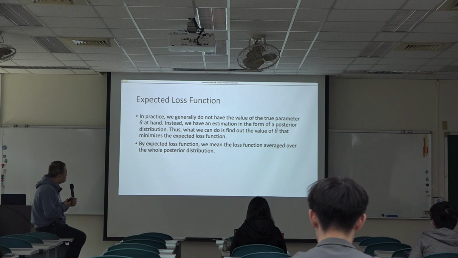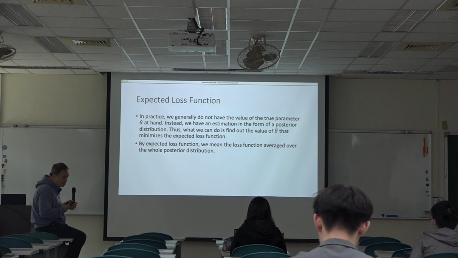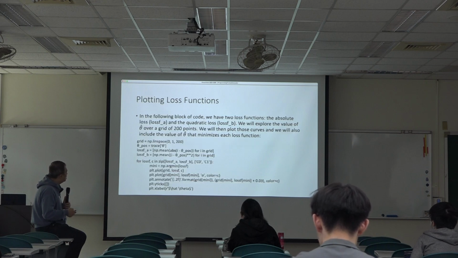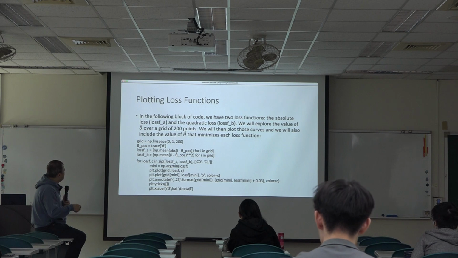What we can do is find the value of theta hat that minimizes the expected loss function. By expected loss function, we mean the loss function averaged over the whole posterior distribution.